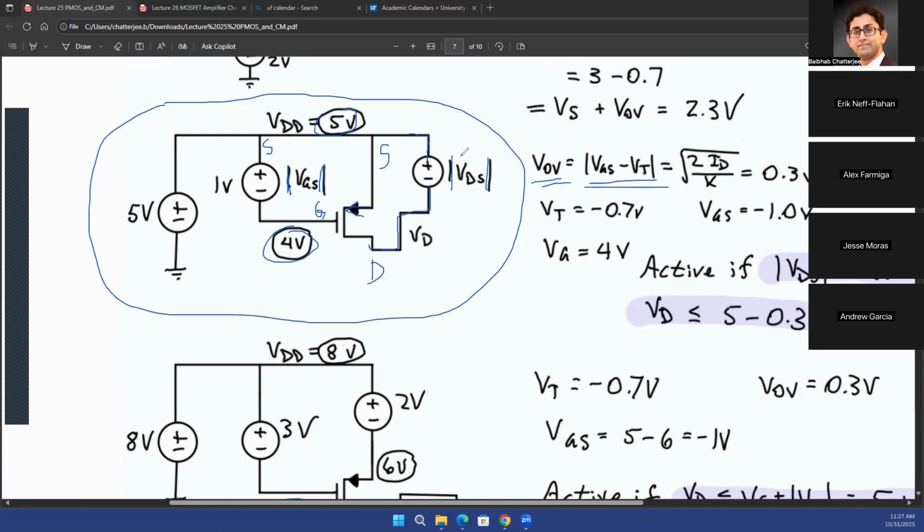VT, the threshold voltage of the PMOS, let's say that is minus 0.7 volt. So the absolute value of VT is still going to be plus 0.7 volt. So VGS minus VT is still 1 volt minus 0.7 volt, that is 0.3 volt, even though VT itself is minus 0.7 volts and VGS is minus 1 volt.